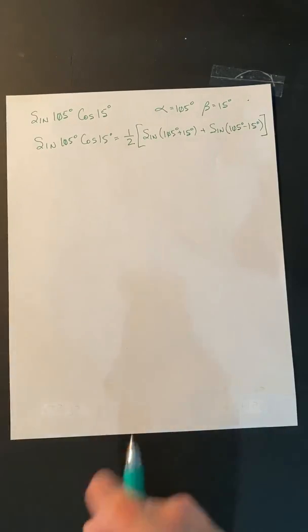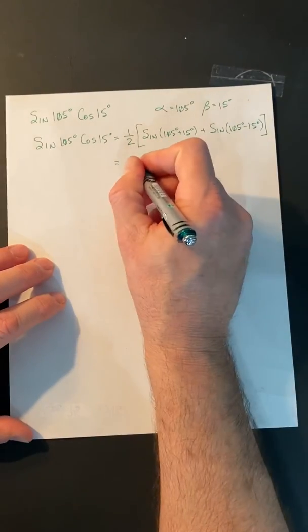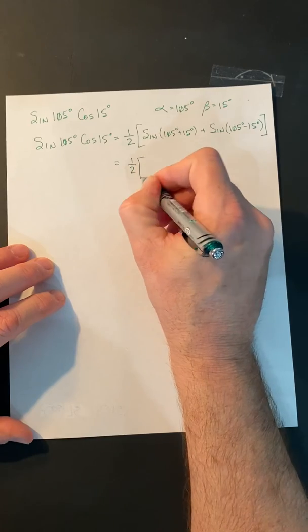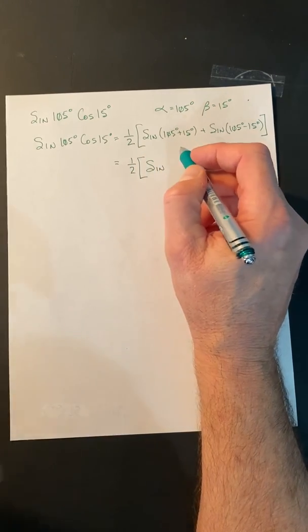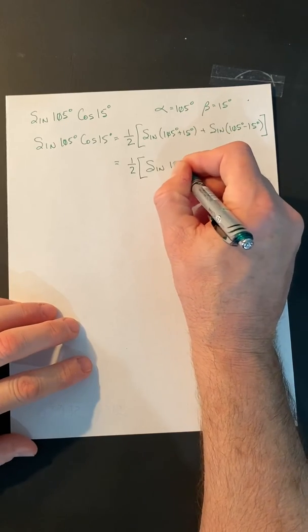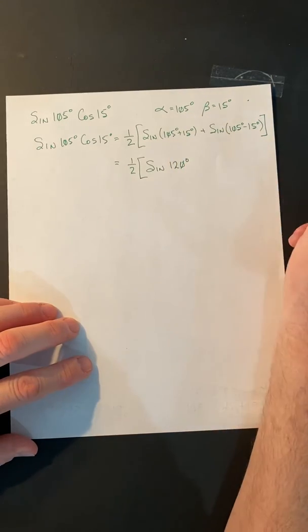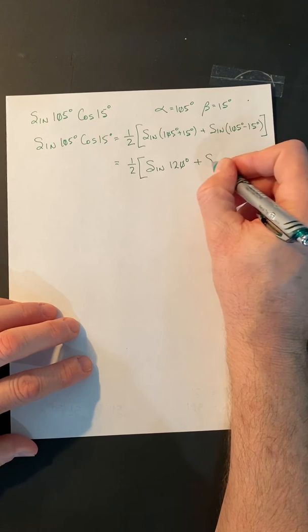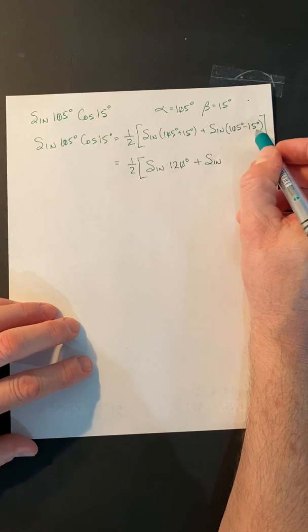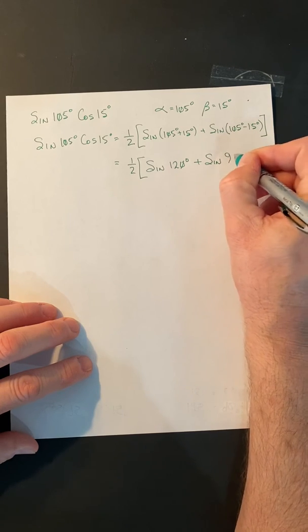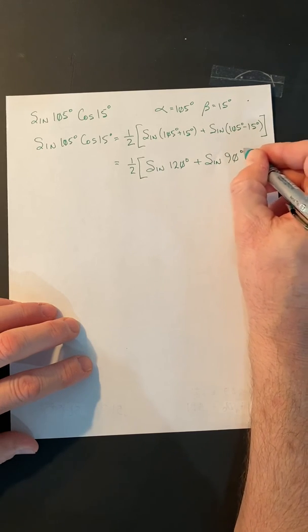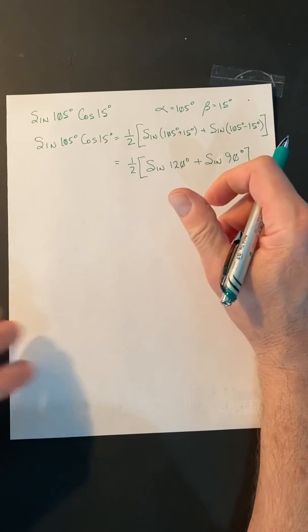So let's go through and simplify that now. So I'm going to have 1/2 the sine of 105 plus 15 is 120 degrees, plus the sine of 105 minus 15 degrees is going to give me the sine of 90 degrees, won't it?